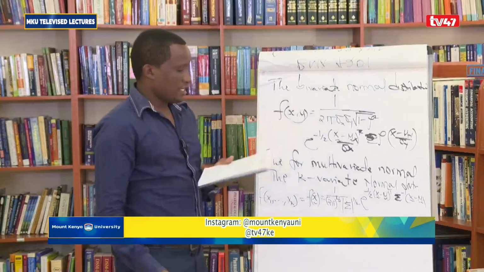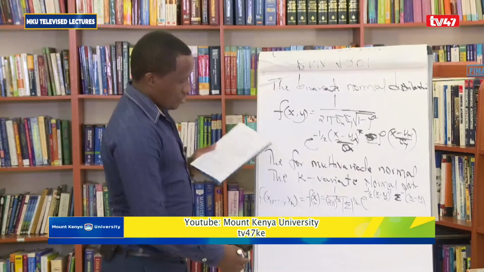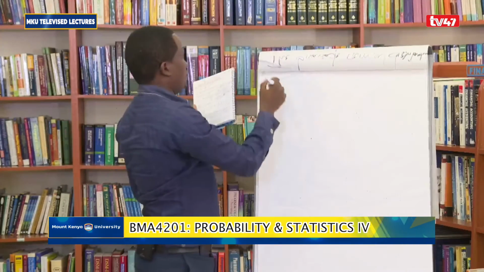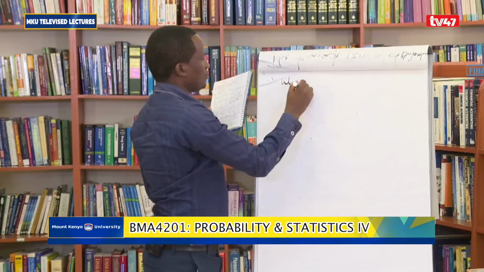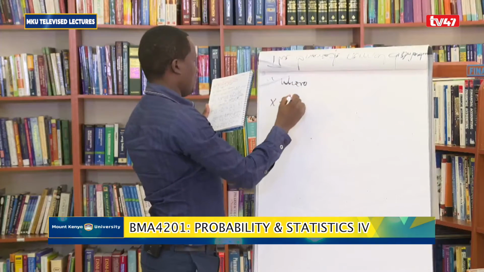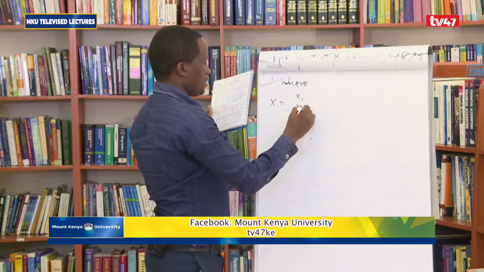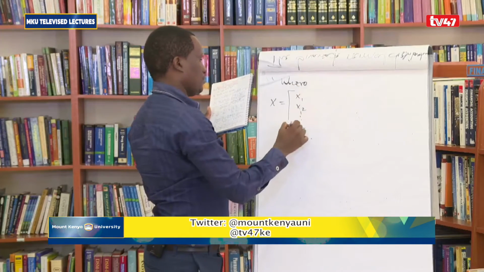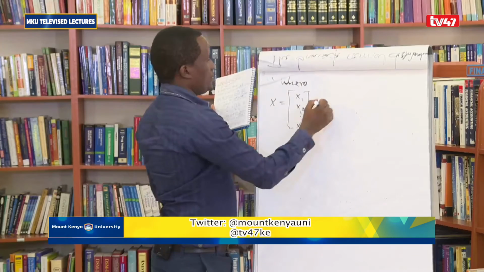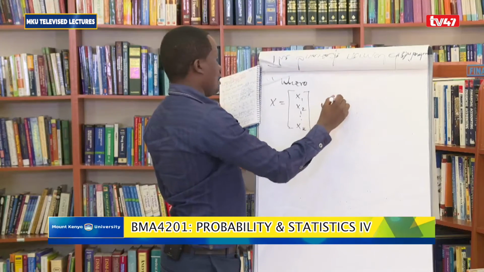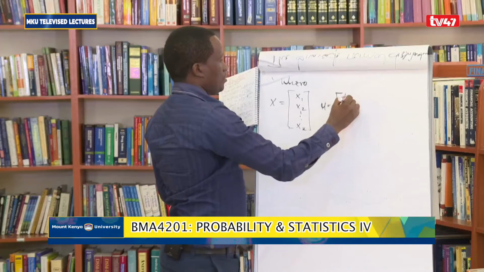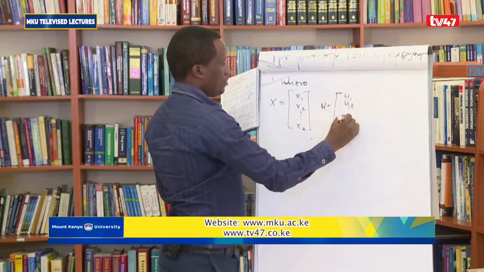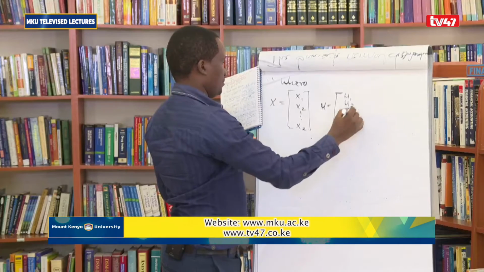This is the definition for multivariate normal, where each of those x is defined as x1, x2, all the way to xk. Then mu is a vector of means of each of the random variables all the way to mu k.